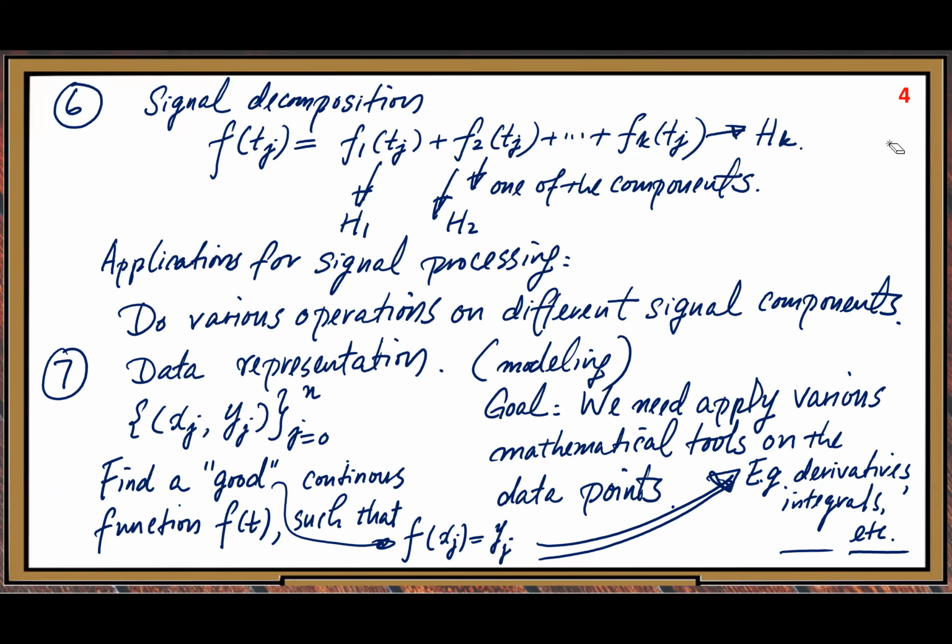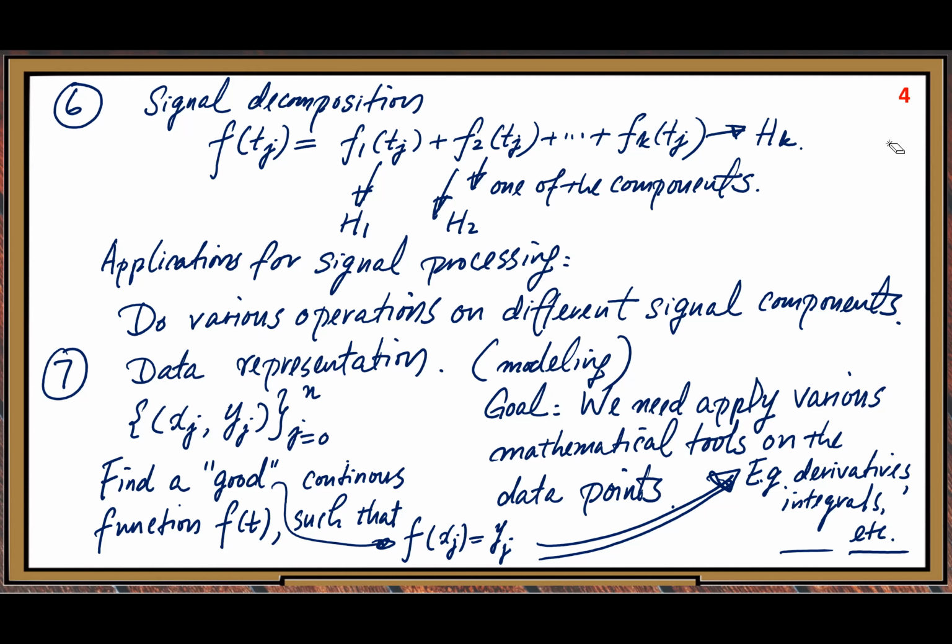Data representation. When we are given a sequence of data points, next, we want to do the modeling. We want to create a good model to represent the given data.